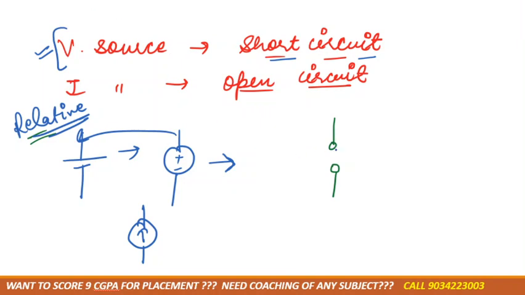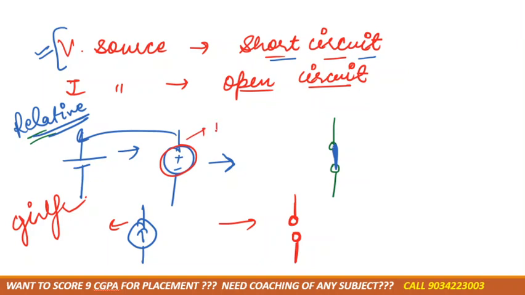Then in that case you will shut the door or open the door? Shut the door. Okay, and just imagine the current source is your girlfriend. So now tell me, for your girlfriend, will you open the door or shut the door? Open the door, right? So the voltage source is male, and the current source is female because current is coming, like aati hai, like in India we used to say aati hai, right?